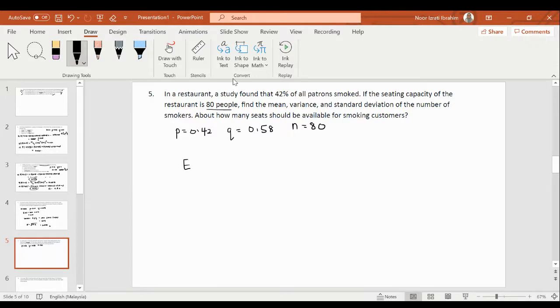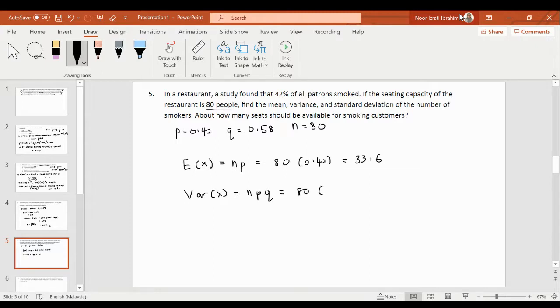To find the mean, which means the expected value of x, it will be n times p, which is 80 multiplied by 0.42, equivalent to 33.6. The variance of x is n times p times q.